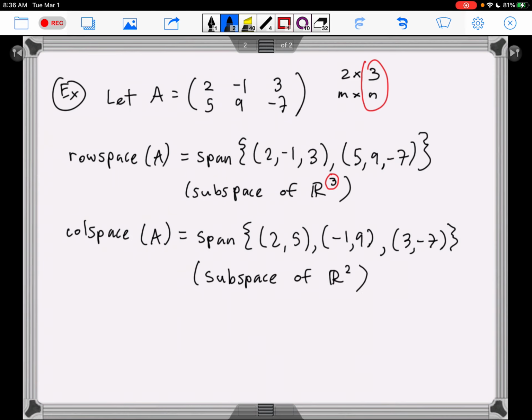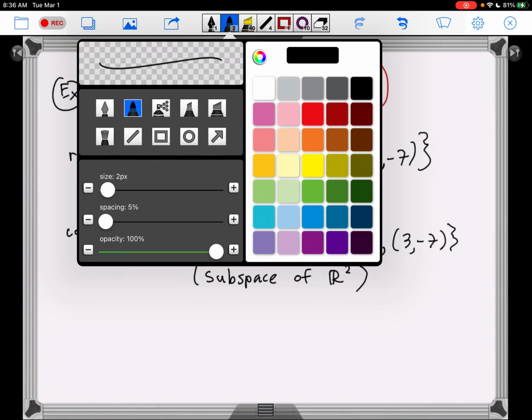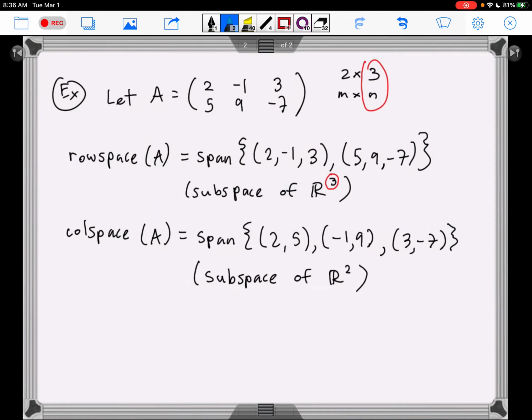Because these are two-dimensional. And so just to point it out in case you haven't already noticed, of course, M is what appears here, right? But you don't have to memorize that. Just look at how big the columns are. Look at how many components are in the columns, and then that'll tell you what it's a subspace of, okay?